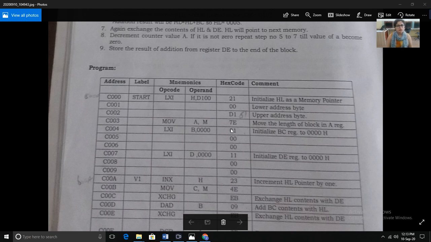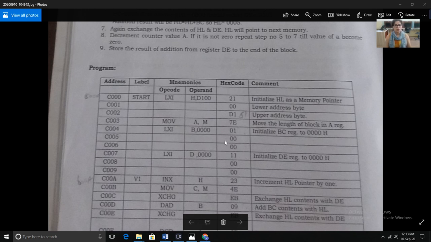So this is the hex code of the LXI instruction. This is wrong, student. Here you have to write 21. The hex code of LXI H is 21, so sorry, this is with the H register pair and this is with the B register pair, so you have to write 01 as the hex code. This 00 is the lower address byte.